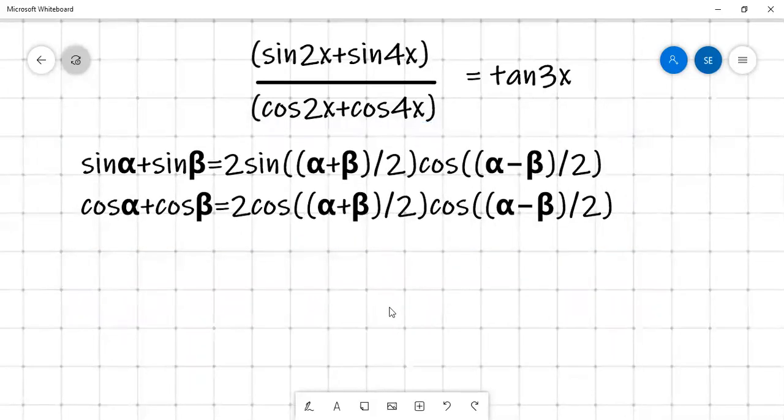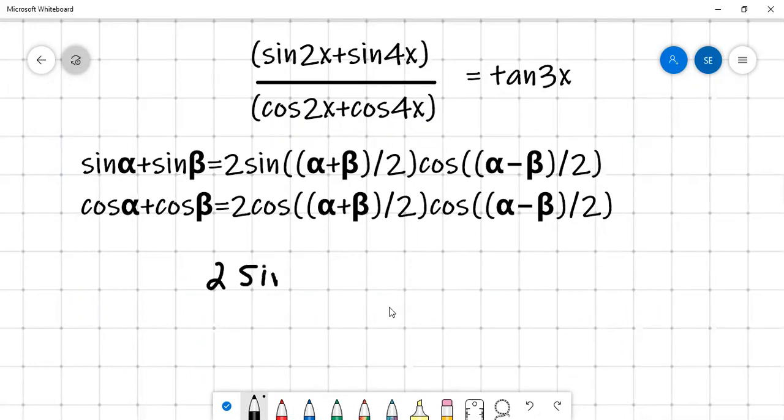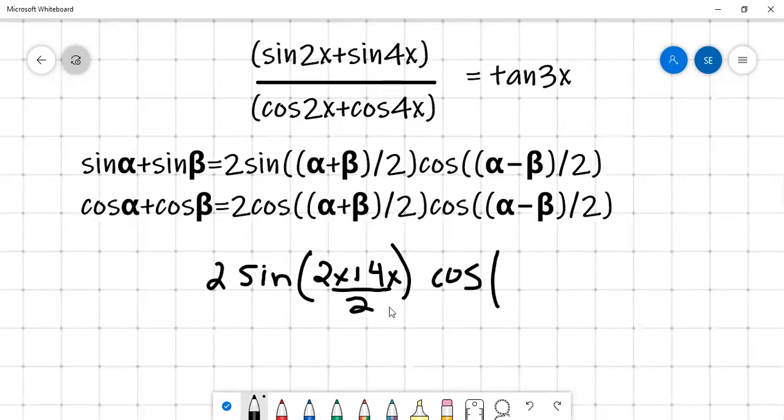We're going to rewrite this, sine 2x plus sine 4x. Our alpha is 2x and our beta is 4x. So our numerator becomes 2 sine of alpha plus beta over 2, which is 2x plus 4x divided by 2, times cosine of alpha minus beta over 2, so 2x minus 4x divided by 2.